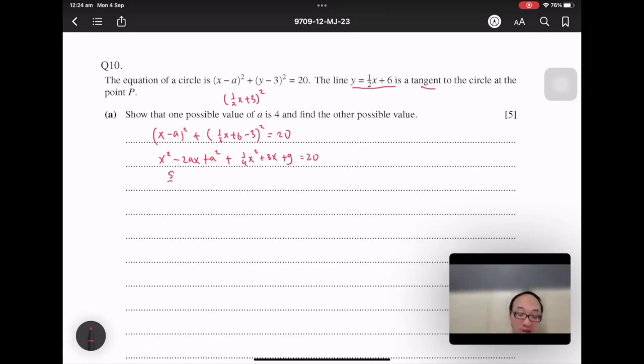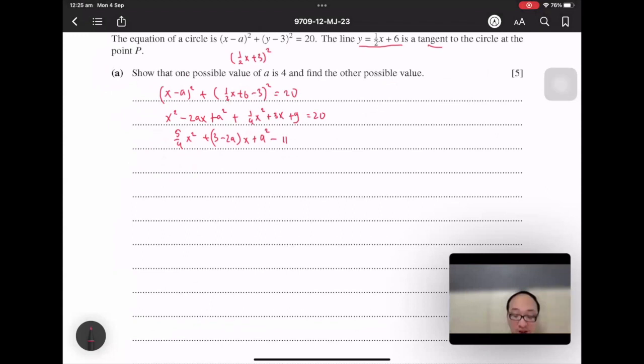So we have 5 over 4 x squared plus (3 minus 2a)x, and then plus a squared minus 11 equals 0. And then I multiply all by 4. 5x squared plus 4(3 minus 2a)x plus 4a squared minus 44 equals 0.